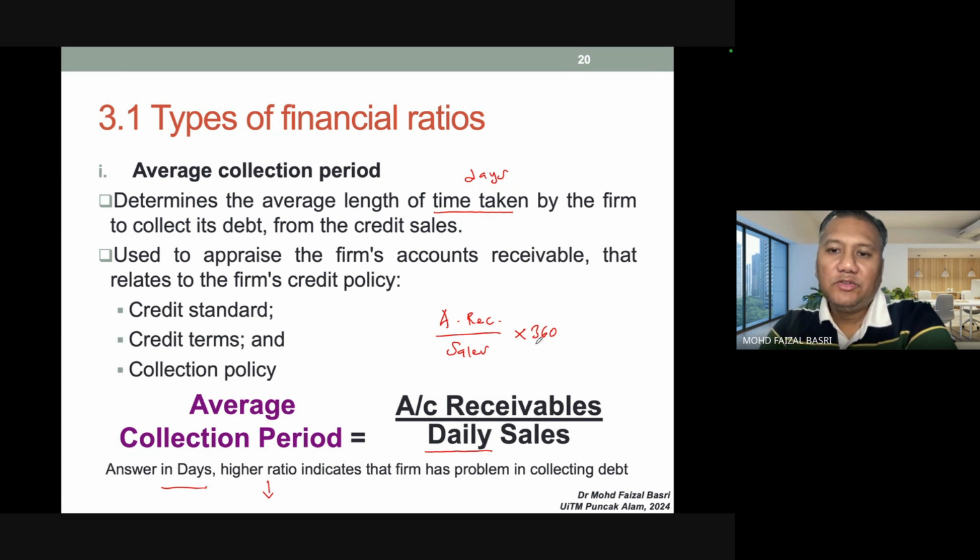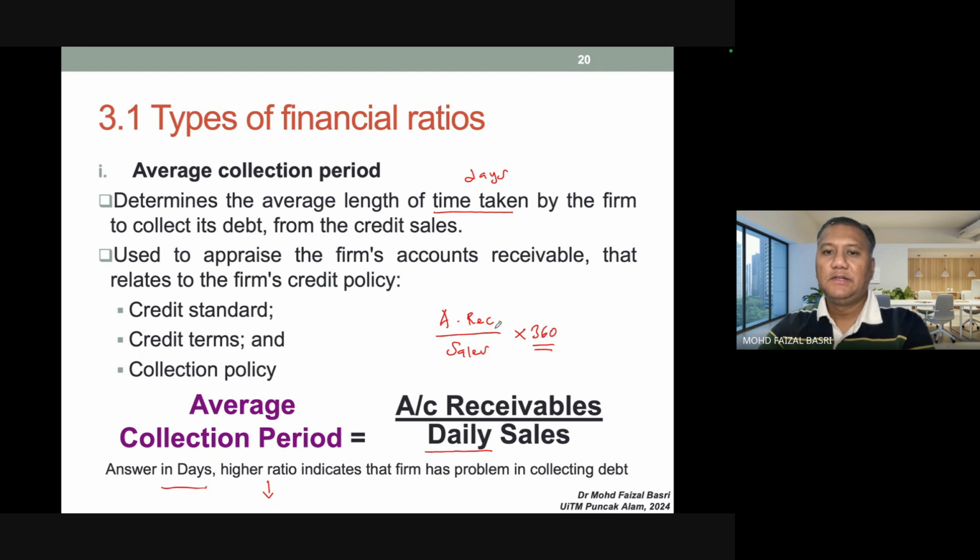Use 360, you do not use 365 because in math, in finance especially, kita gunakan 360 lah to represent the average number of days in a year. Okay, so we use 360. So that's the average collection period.